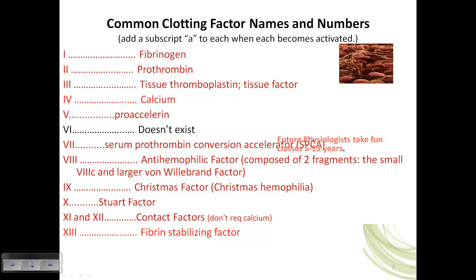So factor 1 is fibrinogen. That represents the F for future. Physiologists stands for prothrombin. Take fun represents tissue factor, or factor 3. Classes represents calcium, factor 4, and then 5 to 13 years is just to remind you that it's the Roman numerals for factors 5, 7, 8, 9, 10, 11, 12, and 13.